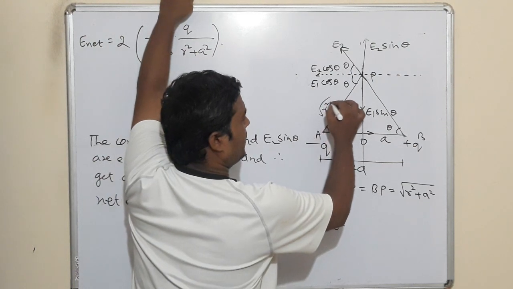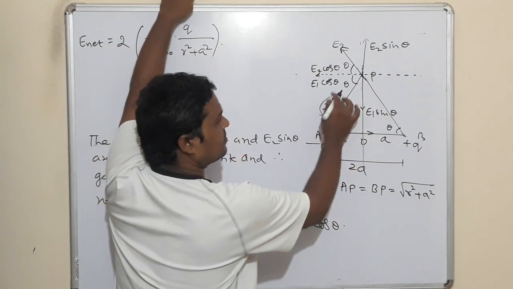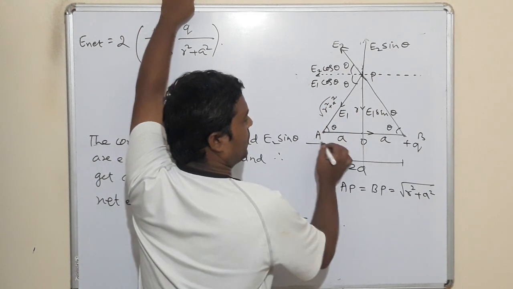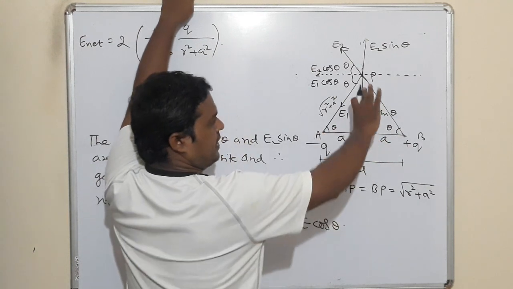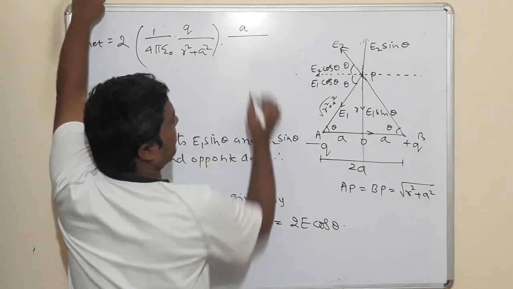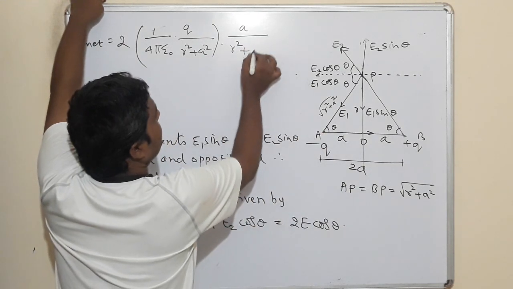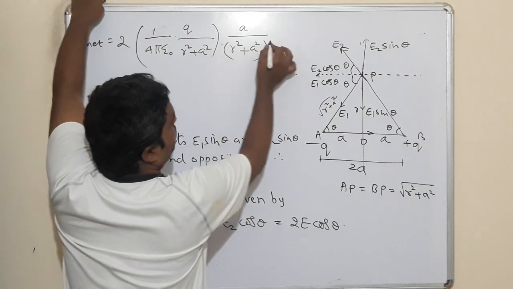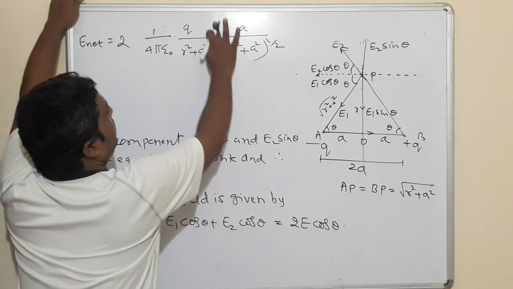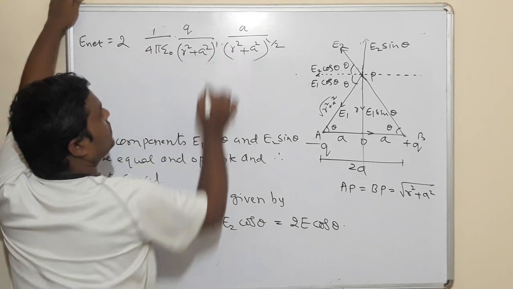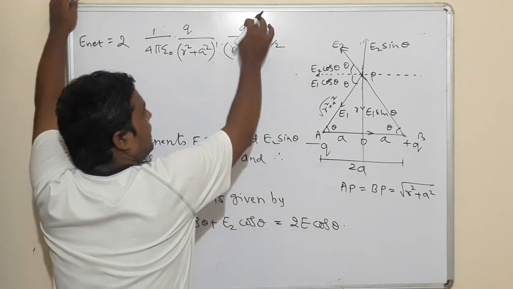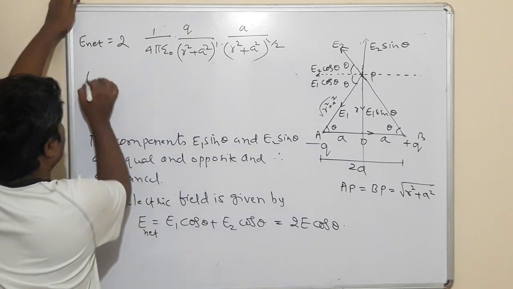This side is root of r square plus a square, this is the hypotenuse. This side is a, this is adjacent. Cos theta is adjacent by hypotenuse. Adjacent is a, hypotenuse is root of r square plus a square. Instead of writing root, I will write raised to half. Then this will be the value of E: 1 by 4 pi epsilon naught q by r square plus a square raised to 1, then a divided by r square plus a square raised to half.